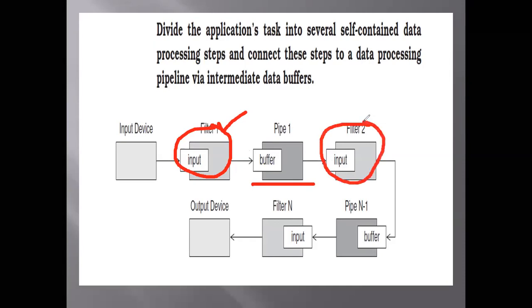Again it will do a task on the data taken from filter one. This process will continue until it is passed to some output device. So this gives us a conceptual view of how pipes and filters will look.